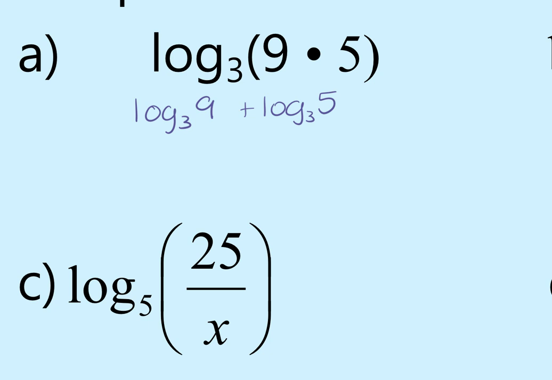So double checking, when it's multiplying, you add it. When you expand it, when it's division, you subtract it. Correct. So is there any of that I can simplify? Can I raise 3 to a power to get 9? Can I raise 3 to a power to get 5? Which one? The log base 3 of 9 becomes what? 3 to what power is 9? 2. So if you can simplify, you need to.